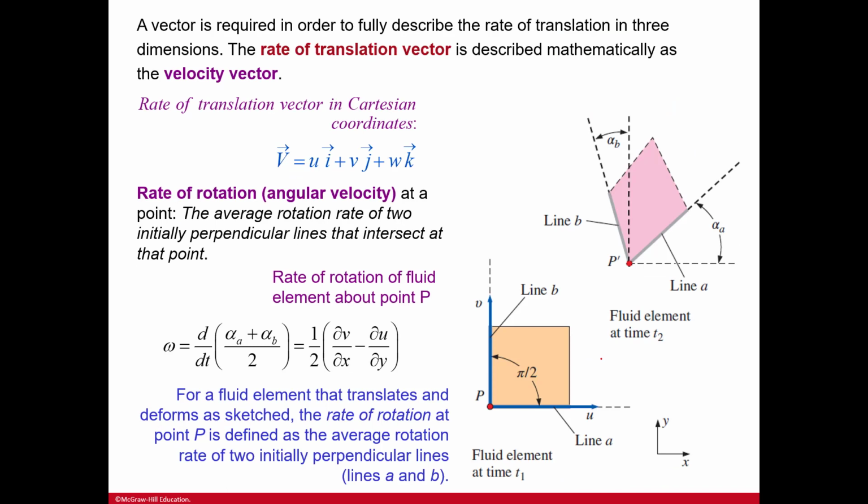You do have the rate of translation vector, and it's described mathematically as a velocity vector. Here's the formula here in Cartesian coordinates. And the rate of rotation, or the angular velocity at a point, is the average rotation rate of two initially perpendicular lines that intersect at that point.